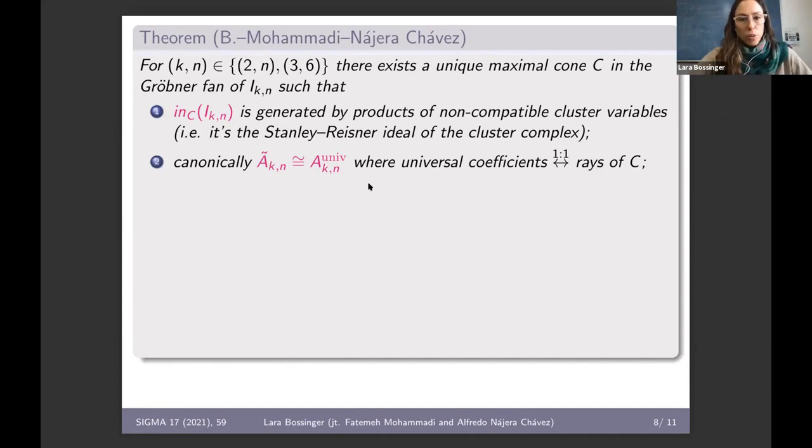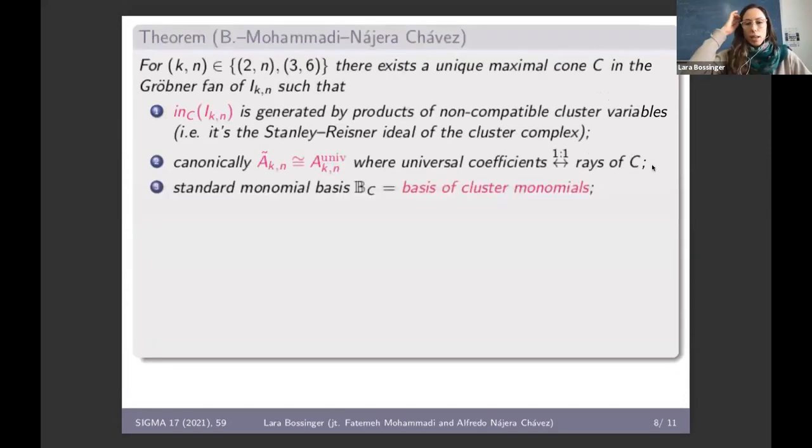So this isomorphism that we wrote down sends the universal coefficients: there's exactly one universal coefficient for every mutable cluster variable, and it is in one-to-one correspondence with the rays of the cone C. Then the next point is that the cluster monomials that form a basis for the cluster algebra with universal coefficients coincide exactly with the standard monomial basis of this cone. This is essentially just a consequence of the first observation about the initial ideal.